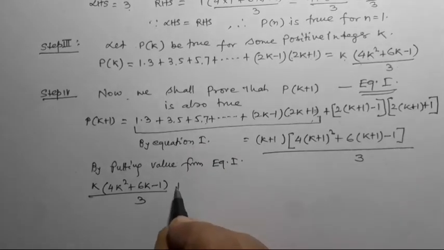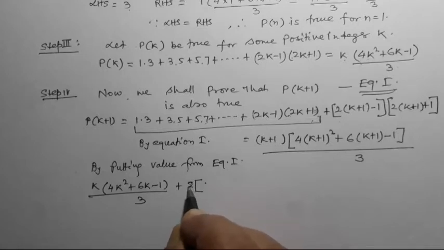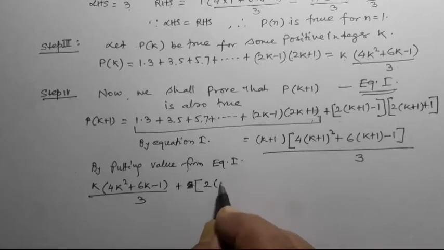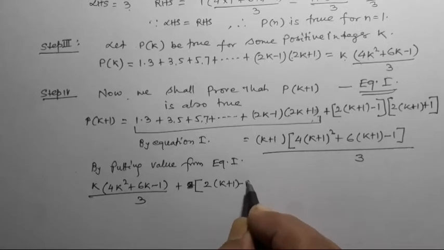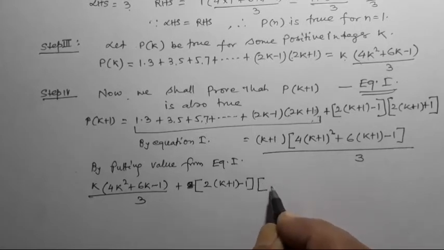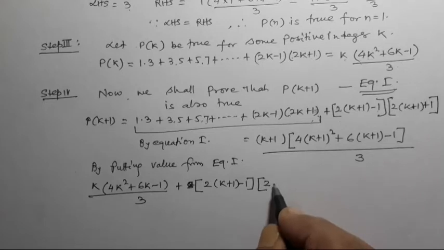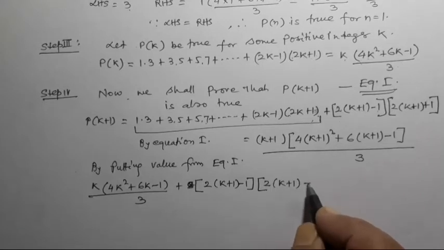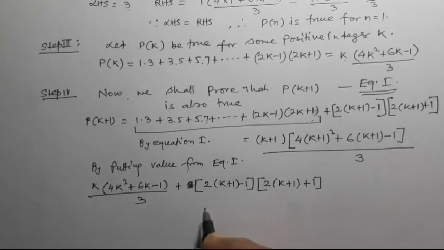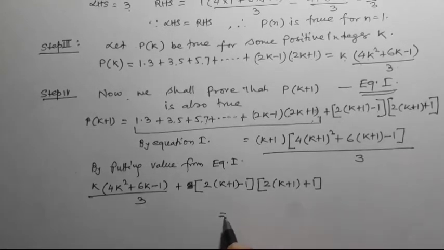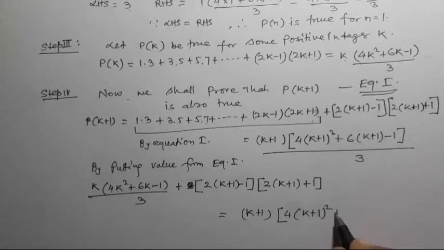Now this is 2k plus 1 minus 1, into 2k plus 1 plus 1, which will be equal to k plus 1 into 4(k plus 1) square plus 6(k plus 1) minus 1.